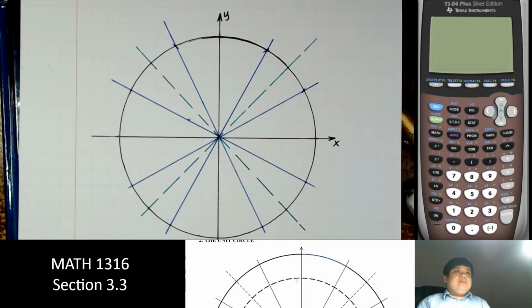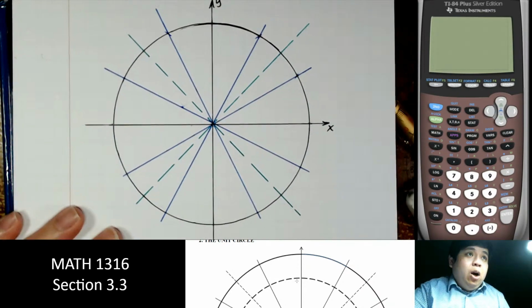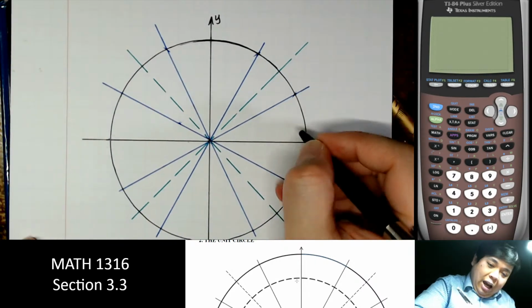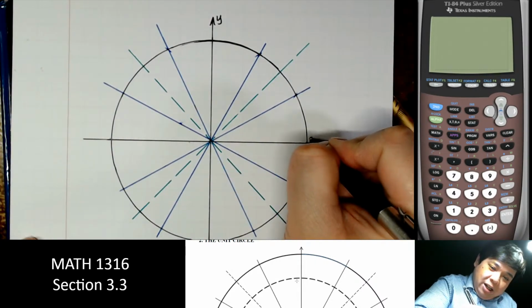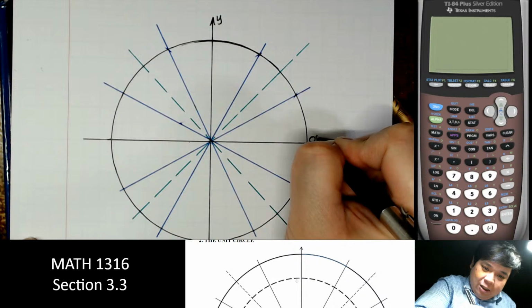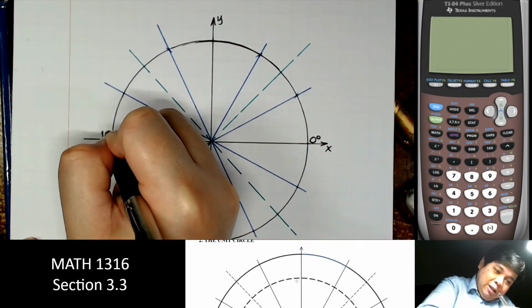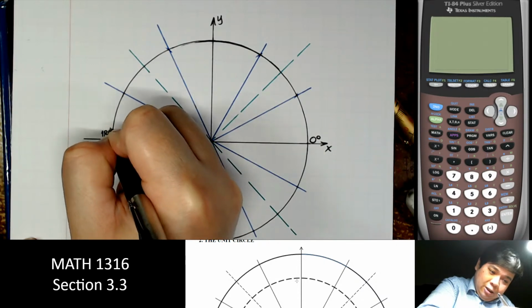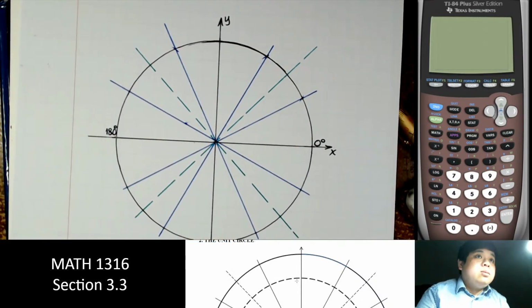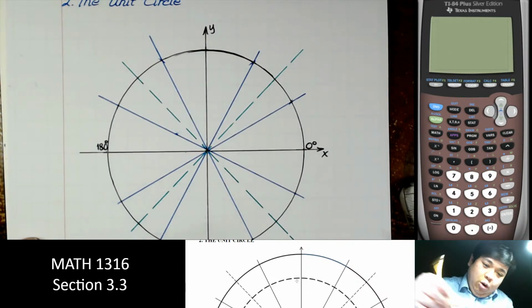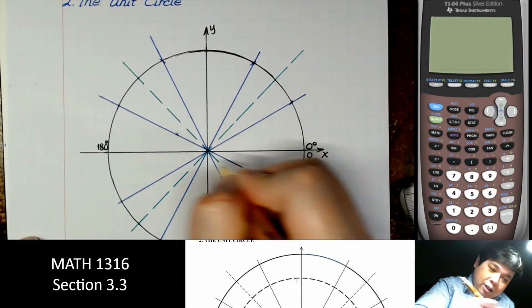Right, so what we have here, once again, is a circle. It goes from 0 degrees here and to 180 degrees there. In terms of pi, it will go from 0 to pi there.